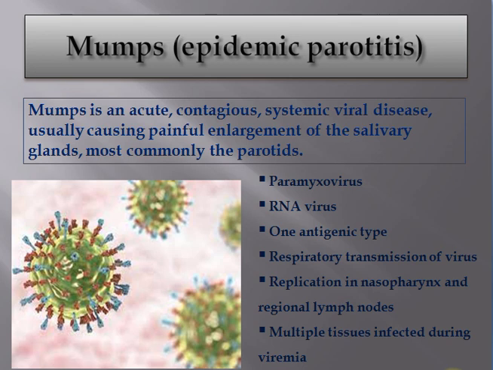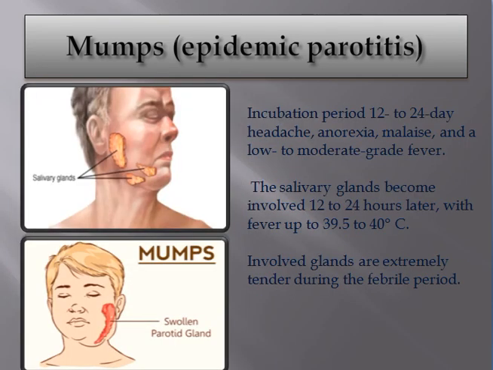After a 12 to 24-day incubation period, most people develop headache, anorexia, malaise, and a low to moderate grade of fever. I tried to prepare this information for you on this slide.